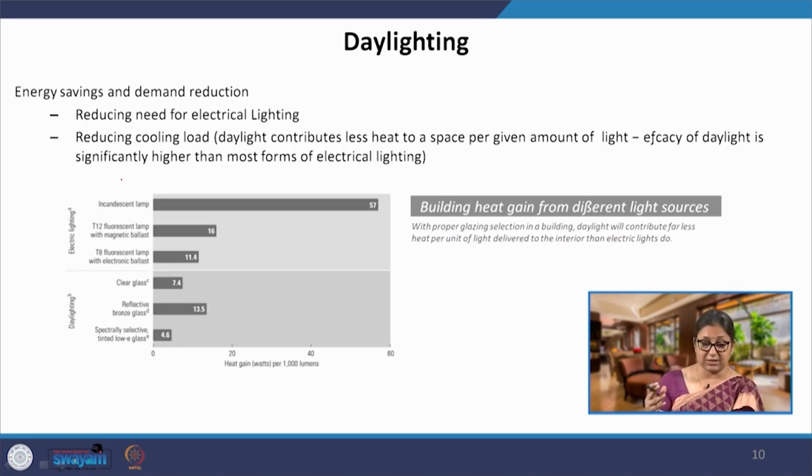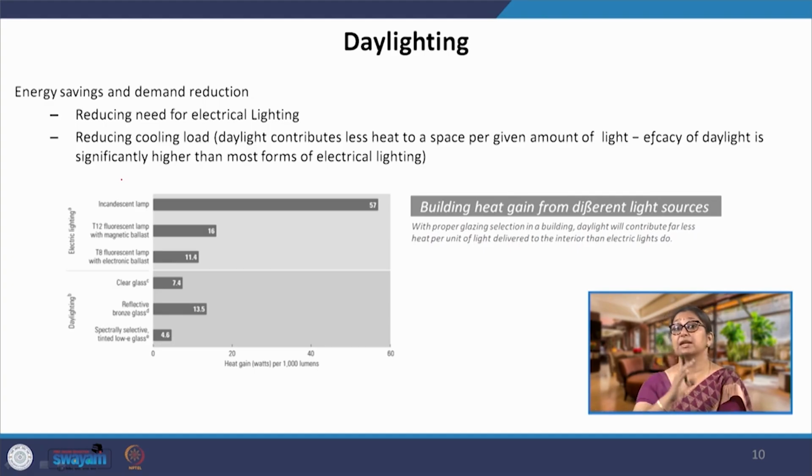So, two aspects are there. Now, for that we have to select the glass material carefully, and this light, since we know that it is only going to be available during the day, we have to complement it with artificial lighting to make the building usable during the night.